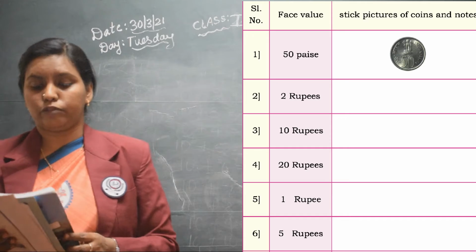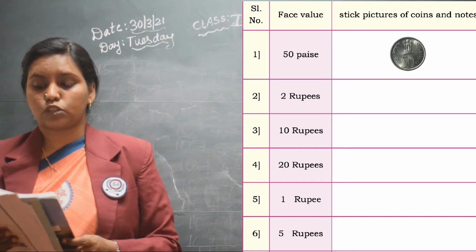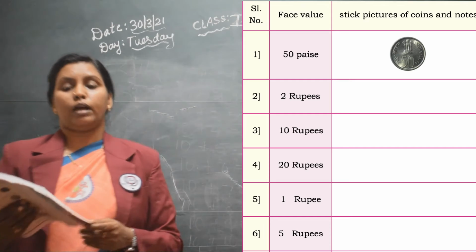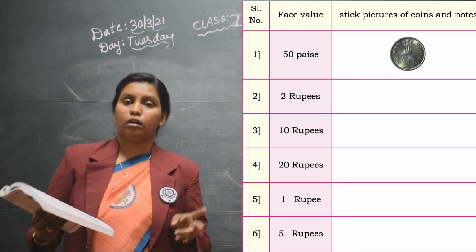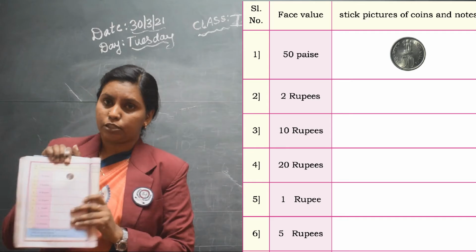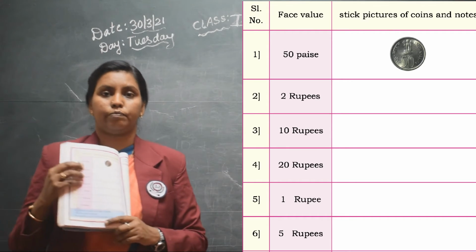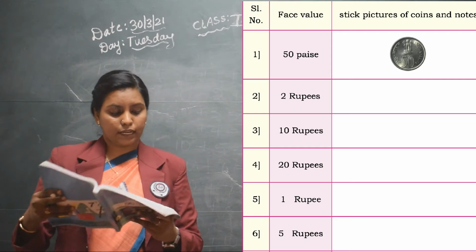First one, they have given you 50 paise. Stick pictures of coins and notes. So what you should do in this activity, you have to take a 2 rupees note or a coin and draw the picture of that in the given rows. Okay, children, so that is the activity.